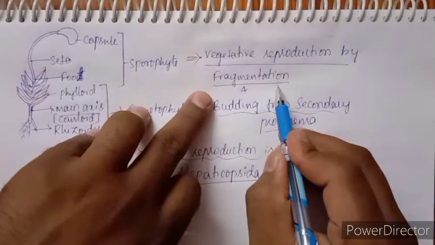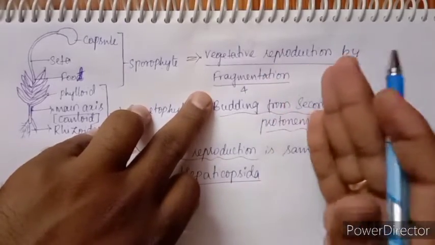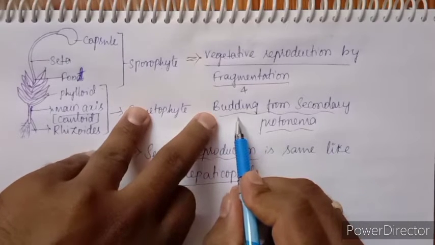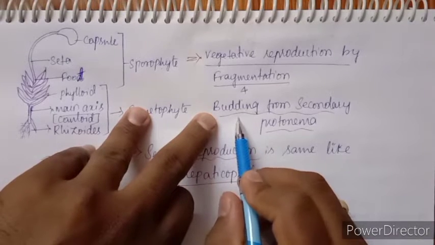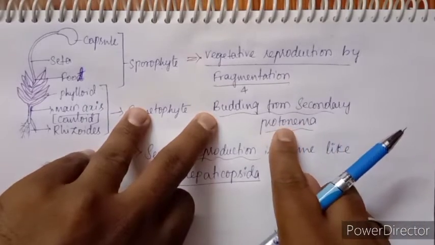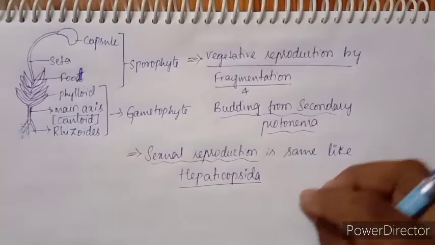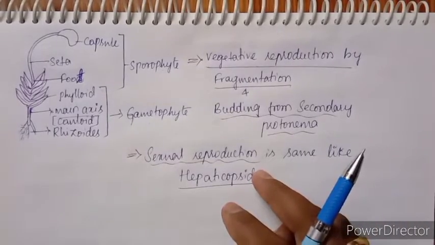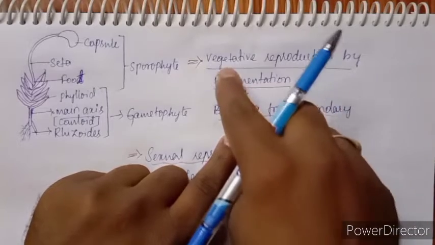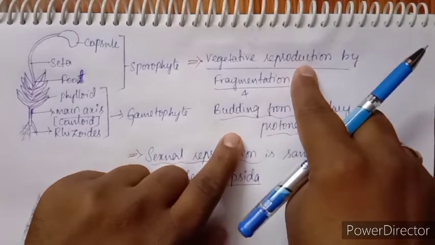Vegetative reproduction is by fragmentation, each fragment developing into a new plant body, and budding is a special one. Budding is seen by the formation of outgrowths from the protonema, meaning lateral buds that develop into the leafy stage. Other buds that develop into a new plant body come under vegetative reproduction.